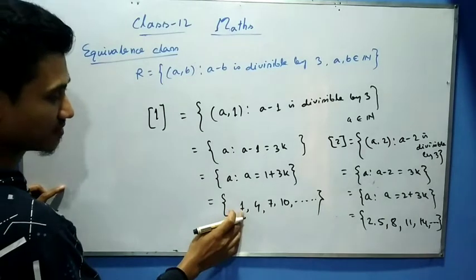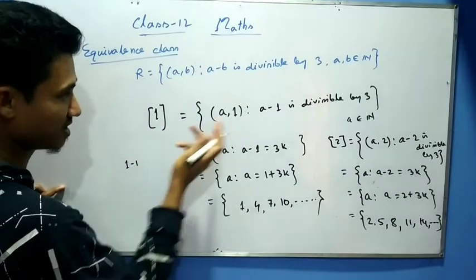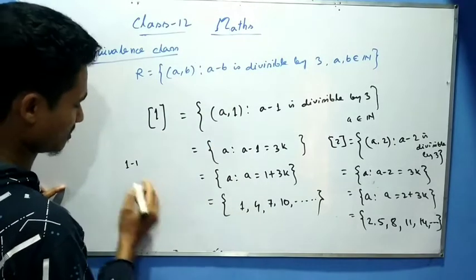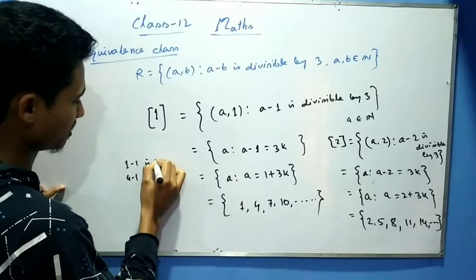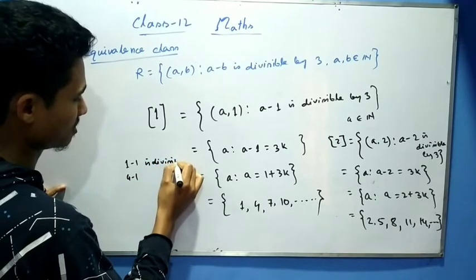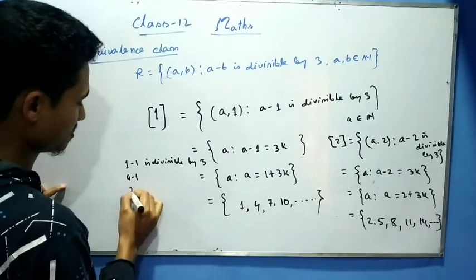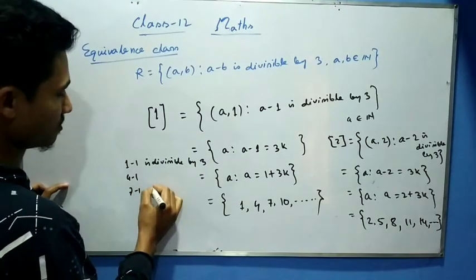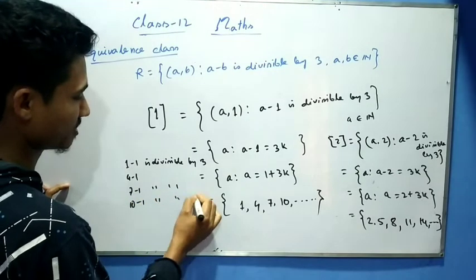See, 1: the value of 1 minus 1 is divisible by 3, then 4 minus 1 is divisible by 3, 7 minus 1 is also divisible by 3, 10 minus 1 is also divisible by 3 for that relation.